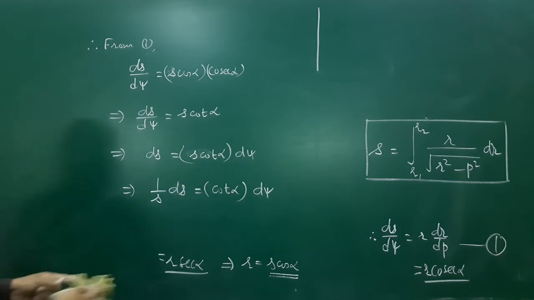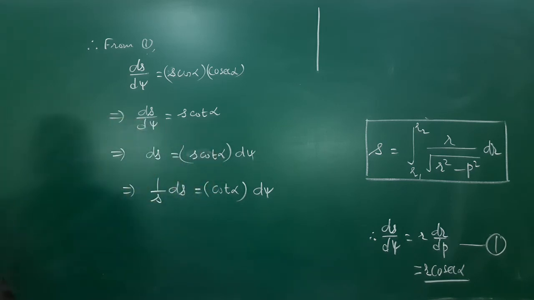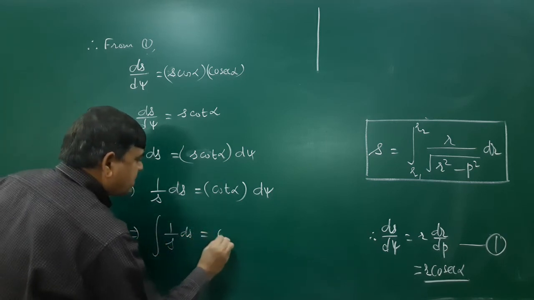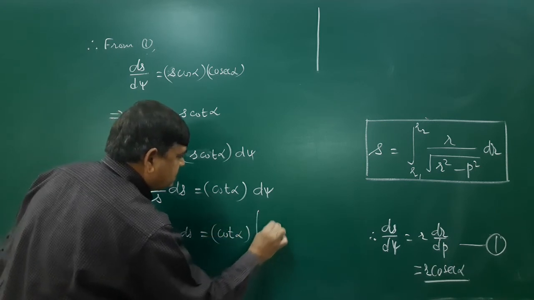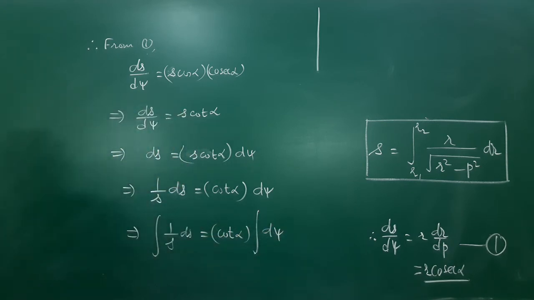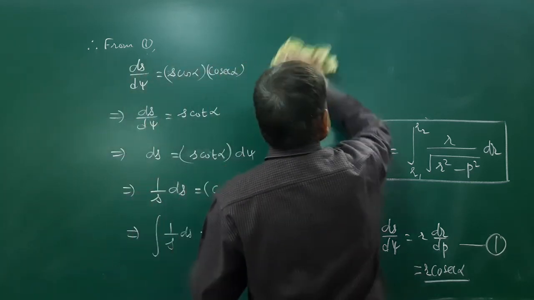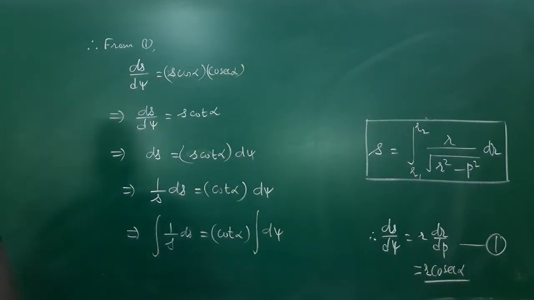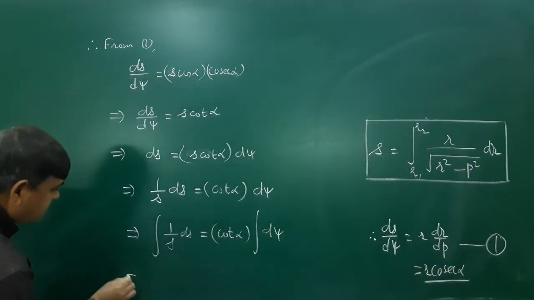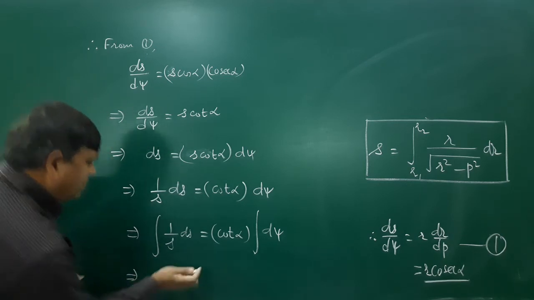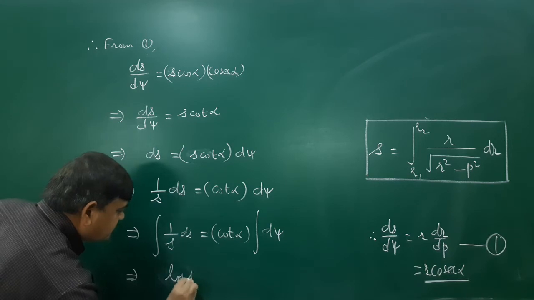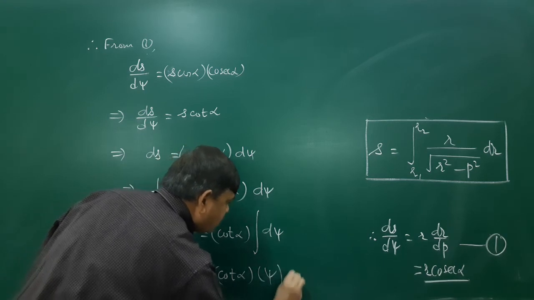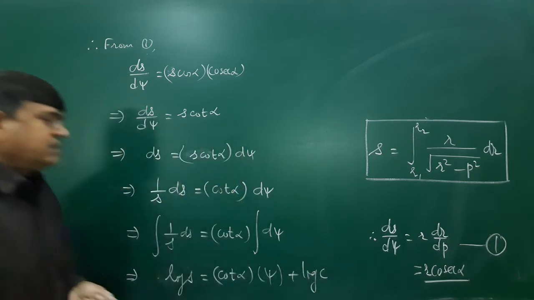Now we integrate it. The integral of ds by s equals cot alpha times the integral of d psi, because cot alpha is constant. So log s equals psi cot alpha plus a constant of integration. Suppose I say log c.